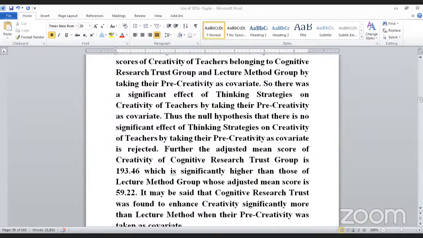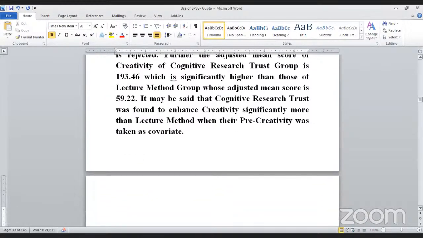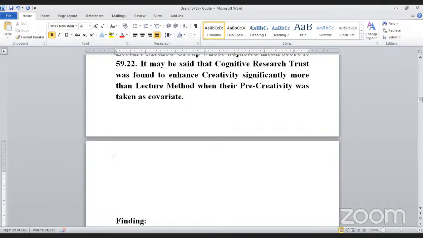Now next is gender. So then it is 4.11.2.